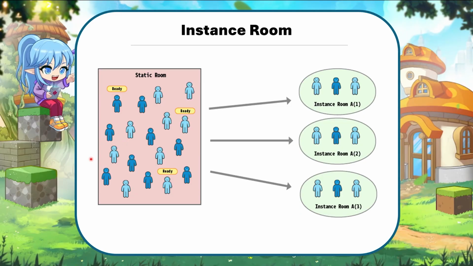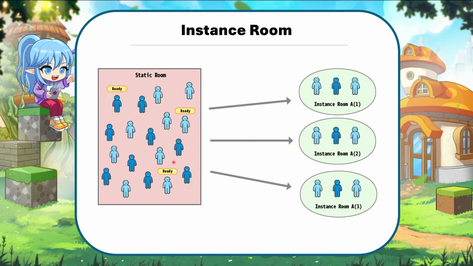So in this example, we have a static room with several players, and they are all sharing this single static room. Let's say, for example, we have another room, and this room is designated as an instance room. And let's say that in this world, we want to move players that are ready into their own instance of the map. So anytime a player gets ready, they will be split up into their own instance rooms.